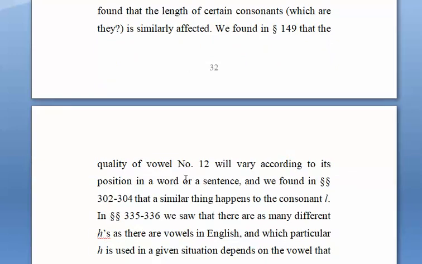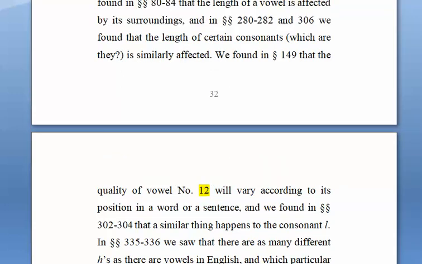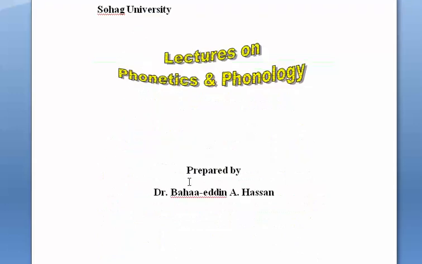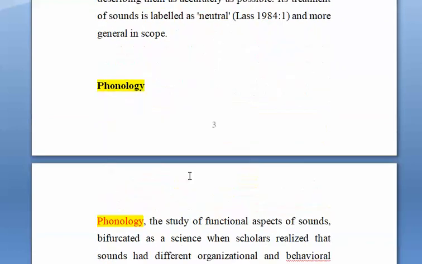The quality of vowel number 12 will vary if you'd like to remember. Here, go back to vowels, the list of consonants and vowels I put at the beginning of the book.